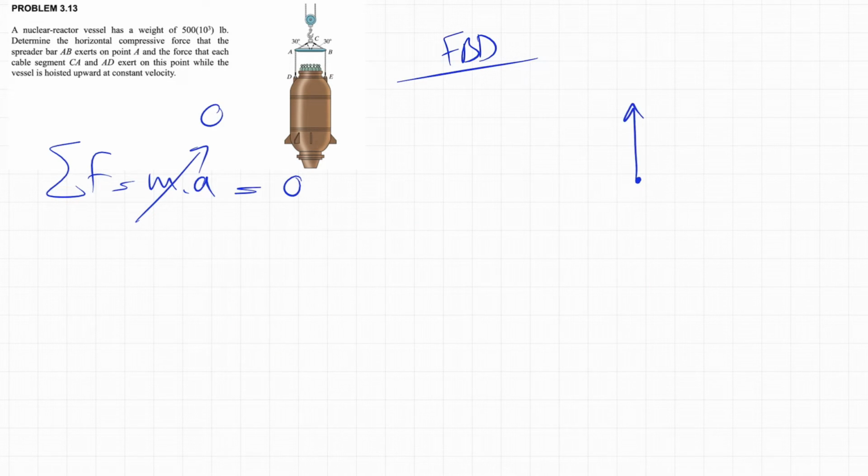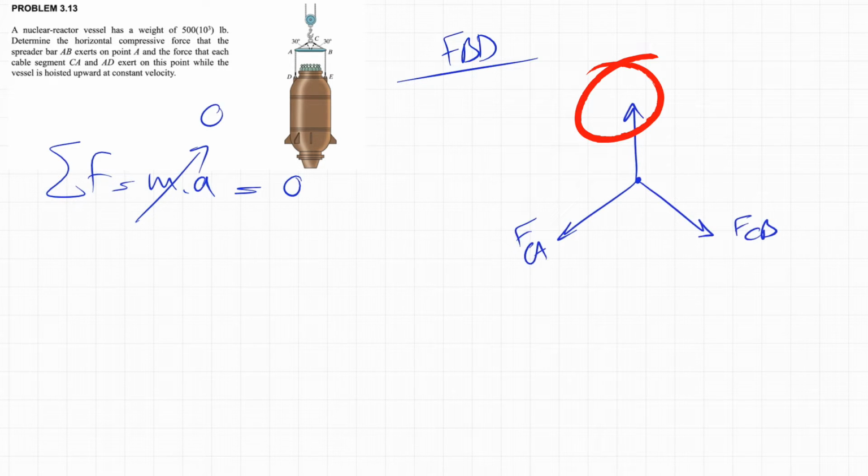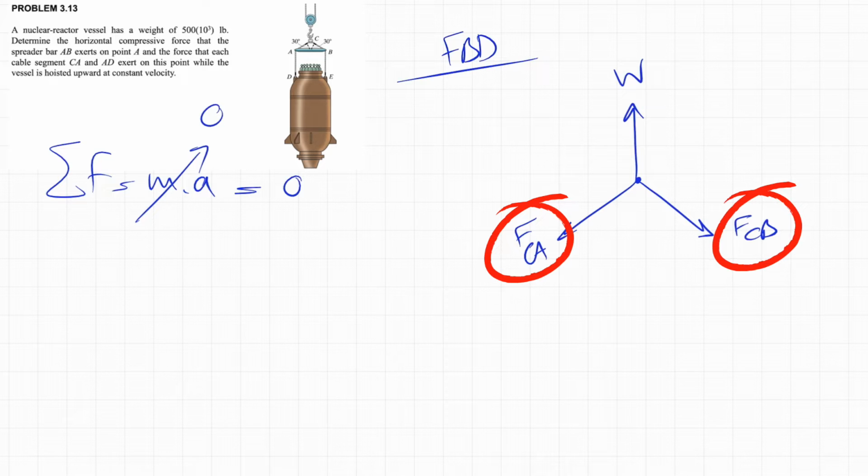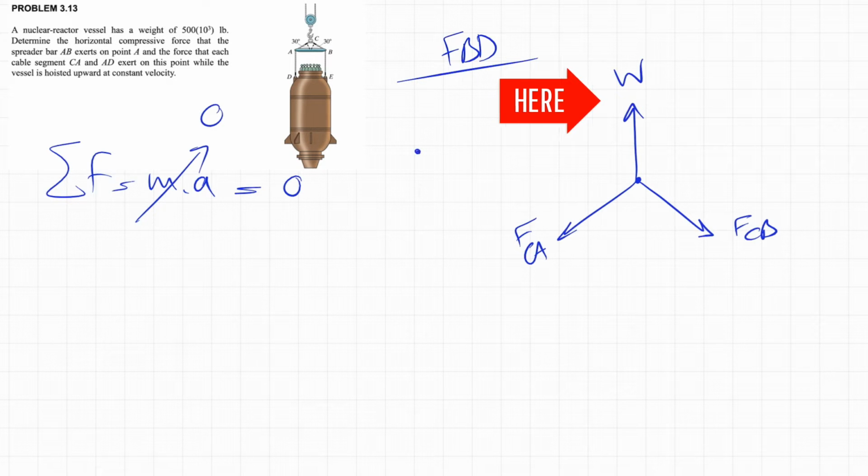So we have the weight of the vessel, which will be this one. We have the two, well, let's call it FCA here and FCB in here, and this will be the weight. And this is coming from the previous part.